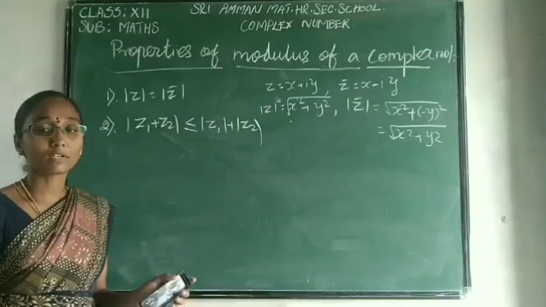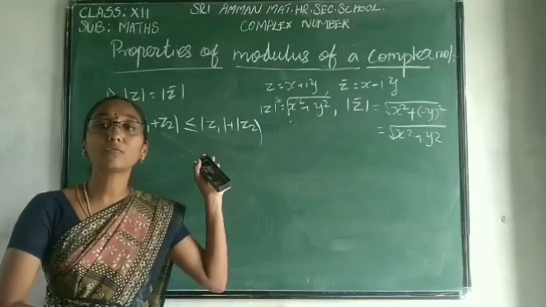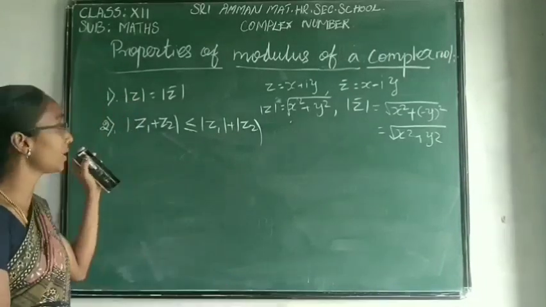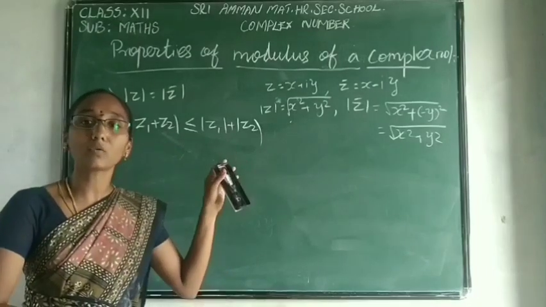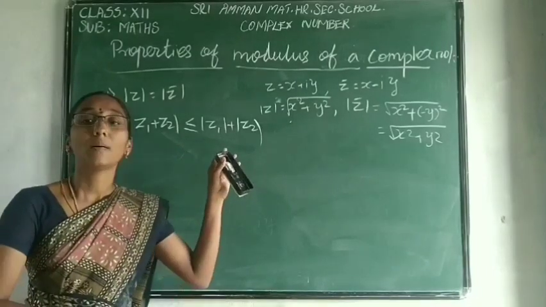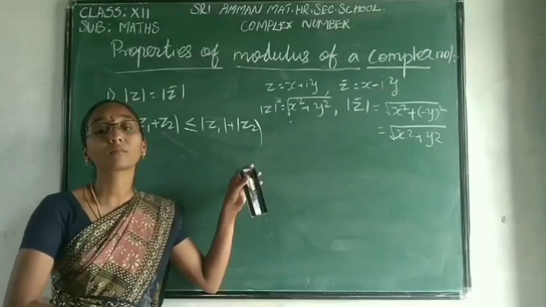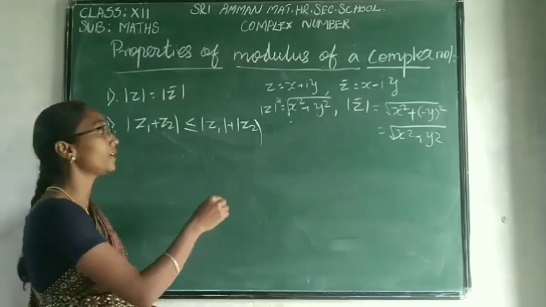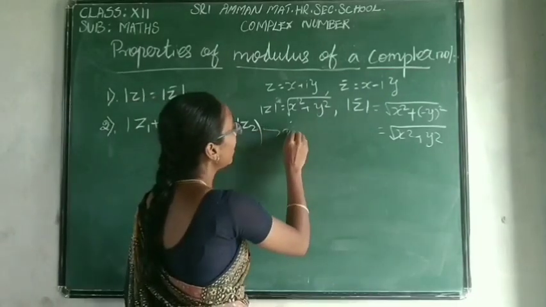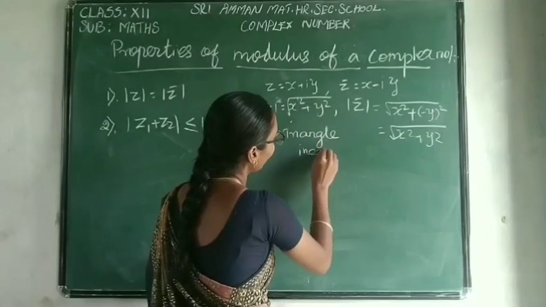The first property is modulus of z equal to modulus of z bar, and the second property is modulus of z1 plus z2 less than or equal to modulus of z1 plus modulus of z2. This second property is called the triangle inequality.